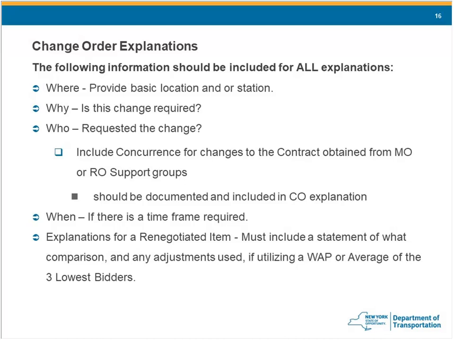So I look at both, and I'll ask for more detailed explanations for something that might be less than 10%, but has a large impact on the cost of the project. So I look at both the percent and the impact dollar-wise to the contract.